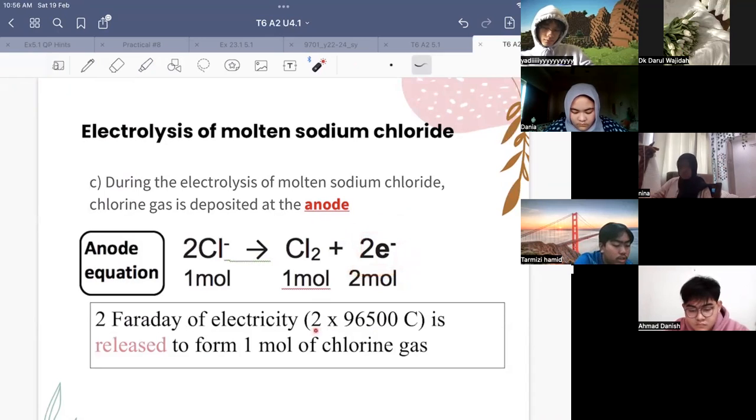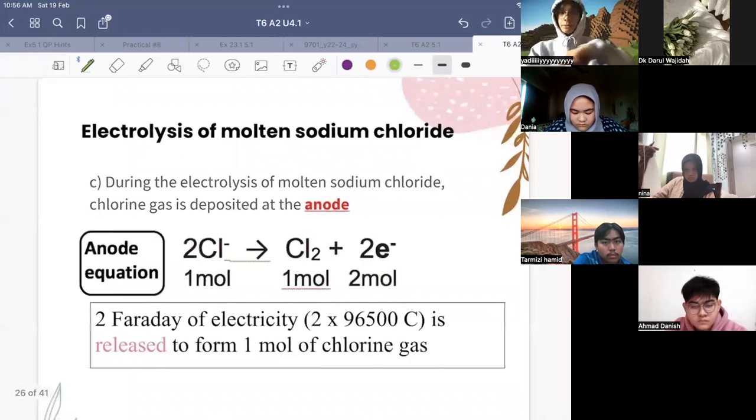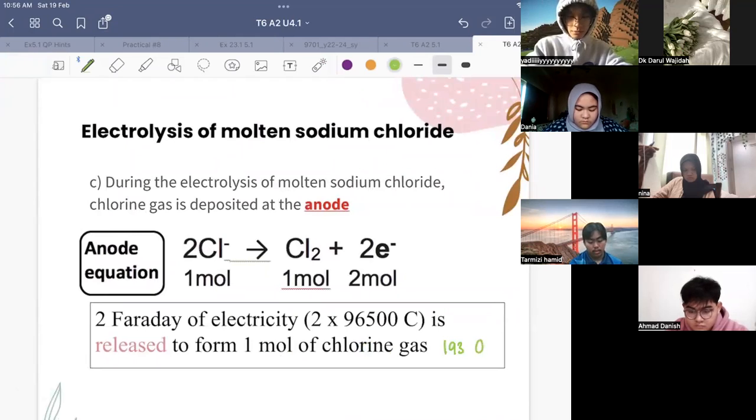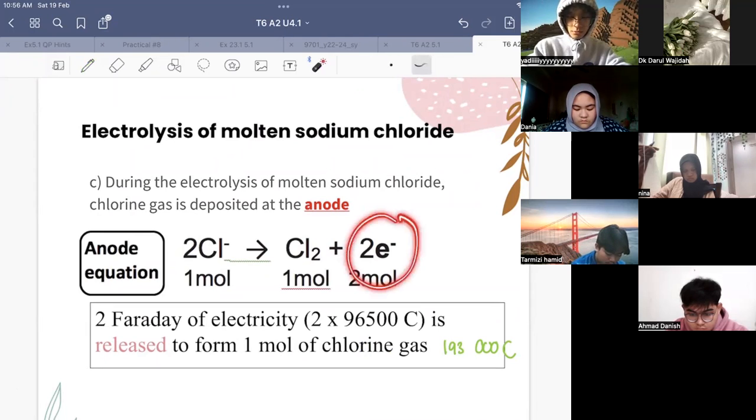That means 2 times 96,500, which is 193,000 coulombs, to produce 1 mole of chlorine gas. Sorry, not required, but released electrons.